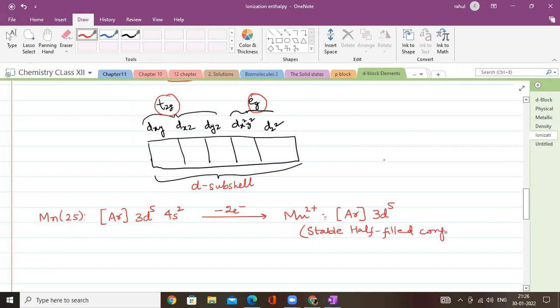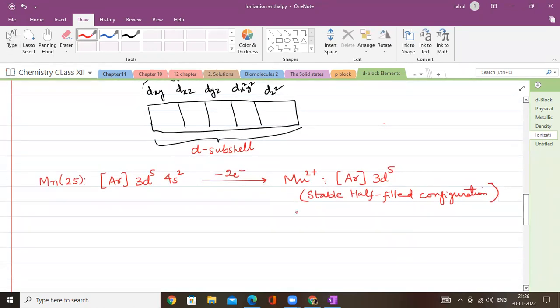Because of this, manganese is always stable in the +2 oxidation state. If I ask you whether manganese can go into Mn3+, the answer is no. The configuration would be argon 3d4. The conversion of manganese 2 to manganese 3 is difficult because it is already attaining the stable half-filled configuration in +2.